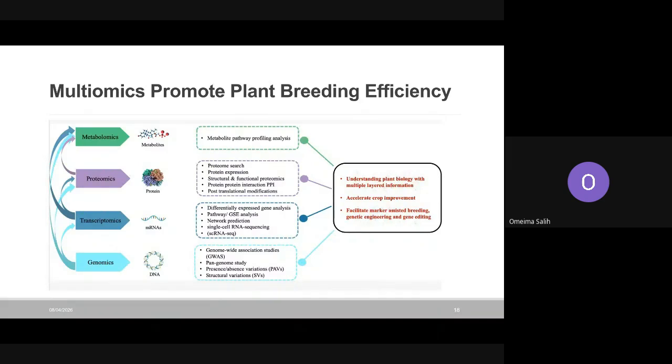This is another way of using multiomics, in plant breeding efficiency. Again, they started with metabolomics, proteomics, transcriptomics and genomics, and they were able to define certain types of metabolites that can be used to accelerate crop improvement, production, and breeding.